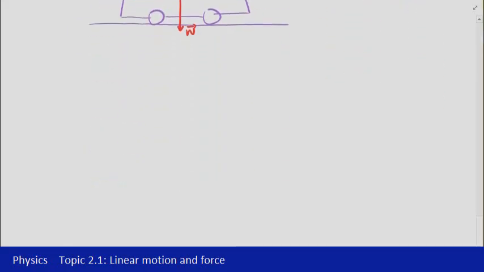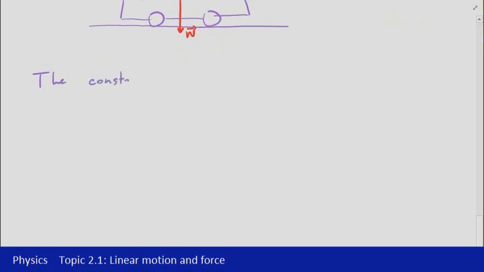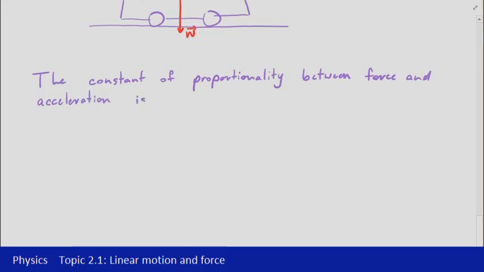Now, one last comment to make about Newton's second law. When we're dealing with acceleration and force, the constant of proportionality that links them is the mass. So we've already had a look at an application of the equation, but just want to draw your attention to this idea. And the reason why mass is important here is that it has an impact on the force or the acceleration, depending on which one you're sort of most interested in.